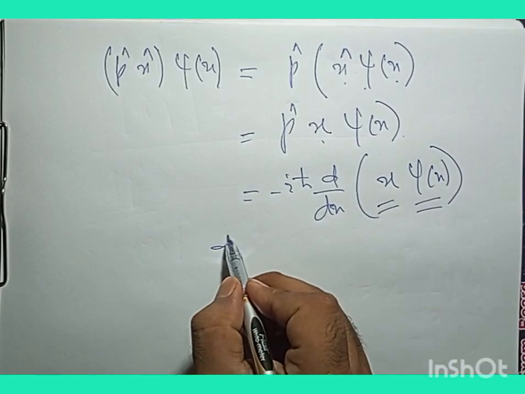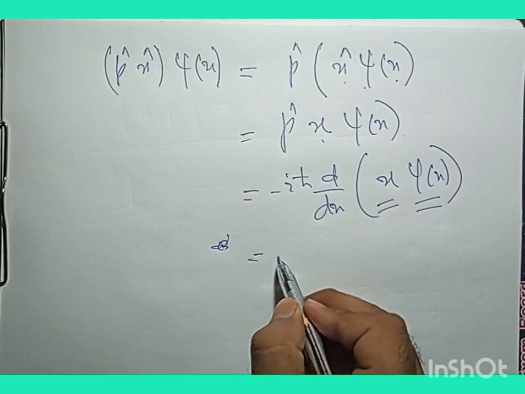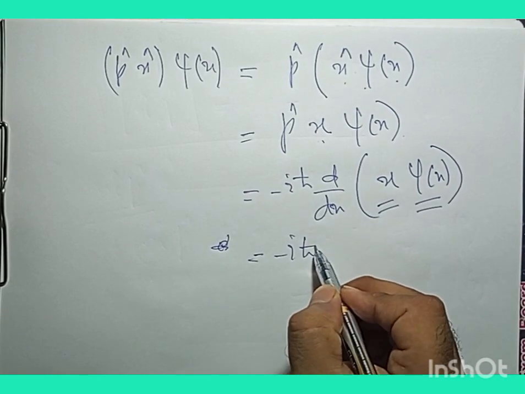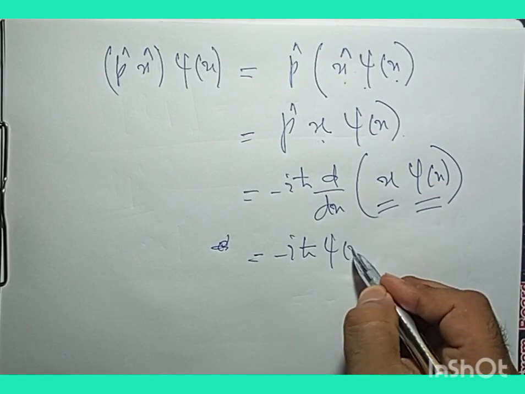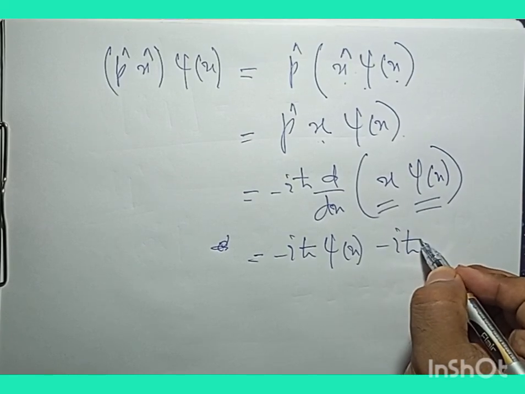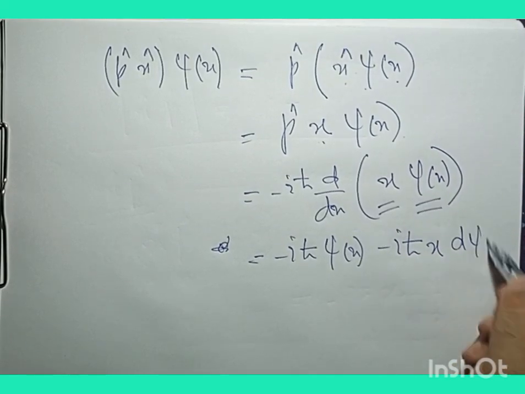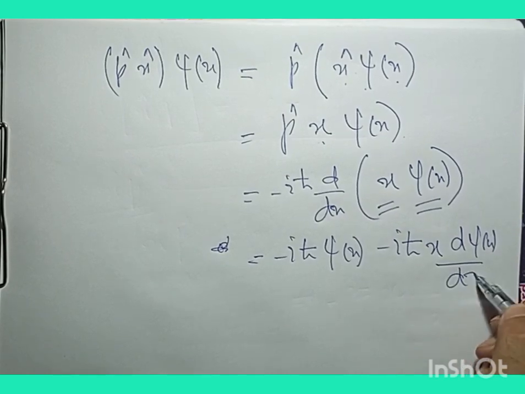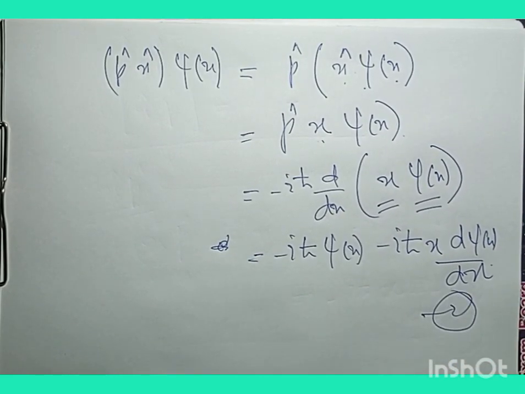So what we will obtain is minus i h cross, and psi of x as its differentiation of x will give us 1, then minus i h cross x times the differentiation d psi of x by dx. So we have two things. I would like to call this equation 2.